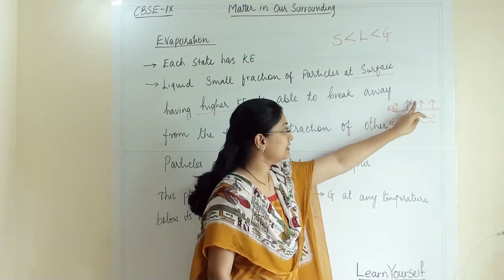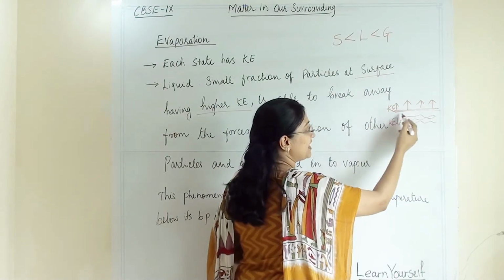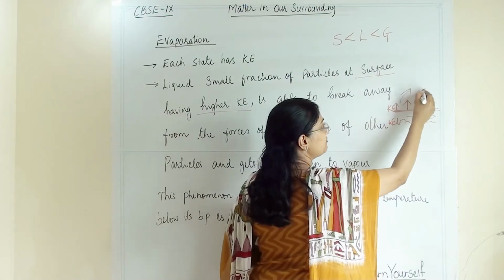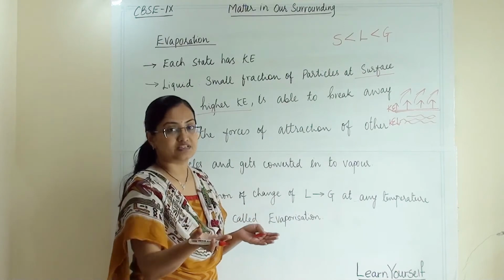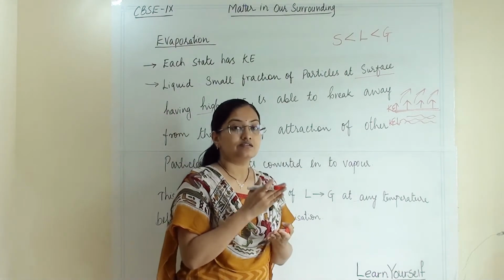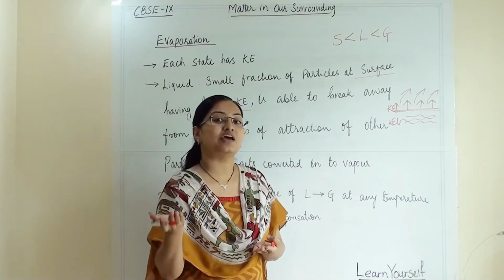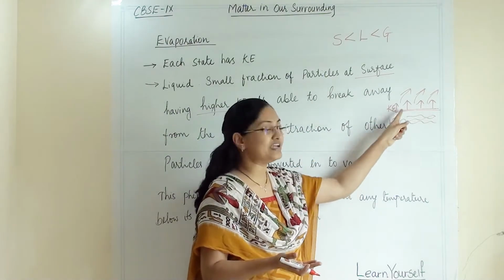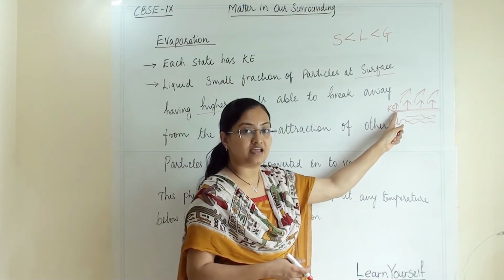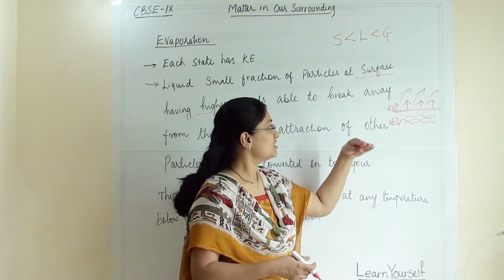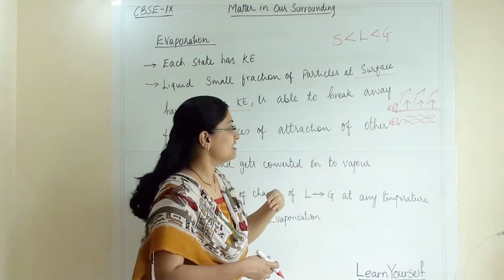These particles will have so much more kinetic energy that they will break the force of attraction and convert into the vapor state. When they break the bond of attraction, they are able to change their state. That is what is happening, and it happens because at the surface the kinetic energy level is so high that they break the force of attraction and change their state.